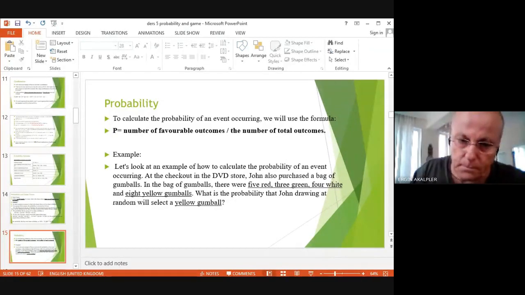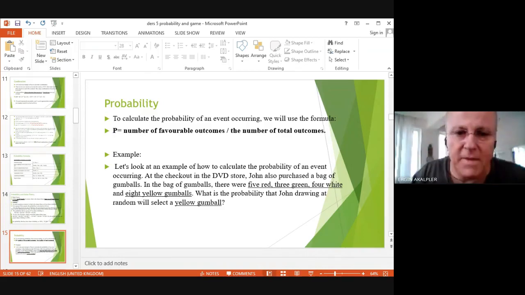What is the probability that John, drawing at random, will select a yellow gumball? Then we have 5, 3, 4, and 8. Therefore, you have to calculate first the total amount of items.